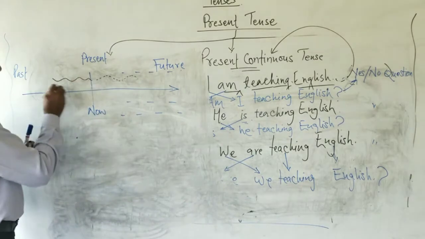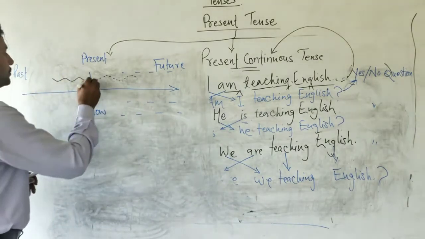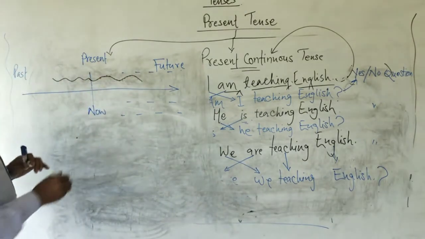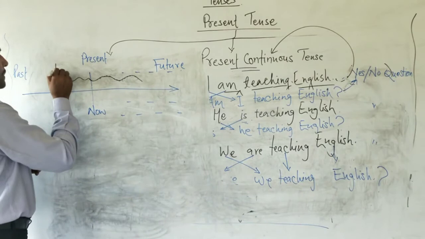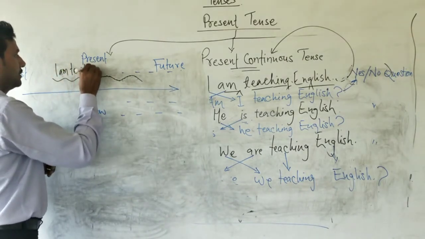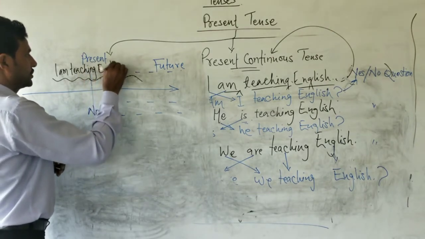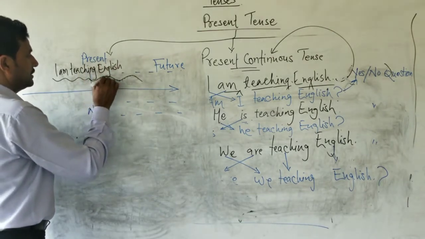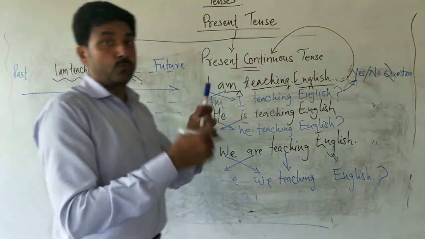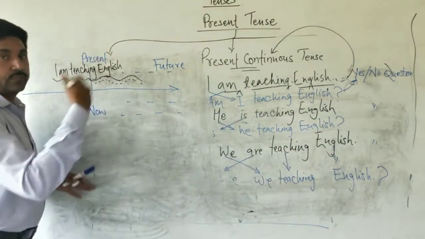So you can use this type of graph to show present continuous. Here: I am teaching English. We hope that it will be continuing, but we don't know what will happen.